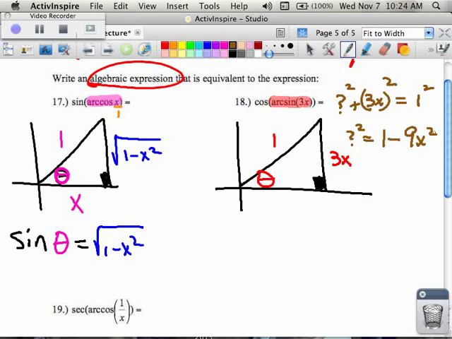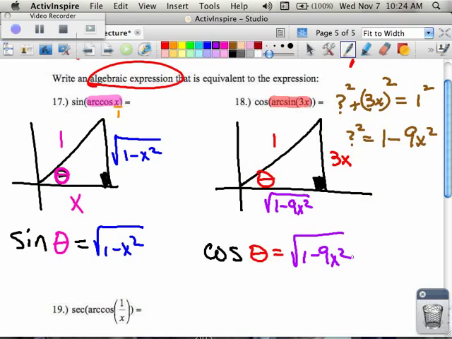And then you square root both sides, which then, of course, means that your other side down here is the square root of 1 minus 9x squared. Pythagorean theorem. And the question was saying to us, give me the cosine of that angle that I was talking about. And if you were to respond, the cosine would, of course, be the square root of 1 minus 9x squared.